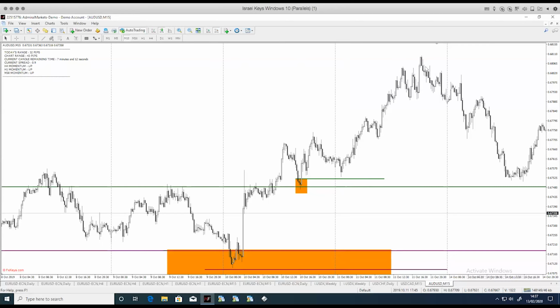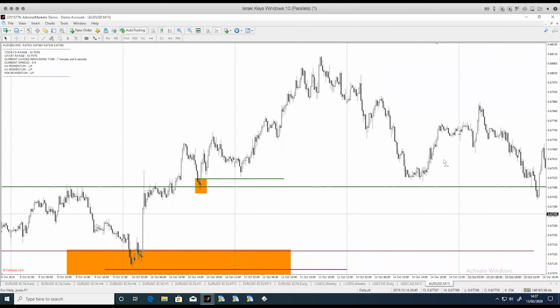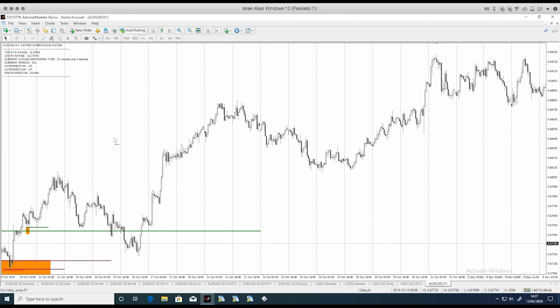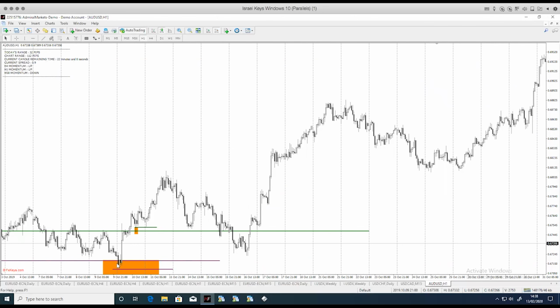And then it goes. But the entire setup of this trade, if you go back to the 1 hour chart, this is what it looks like. There we go.